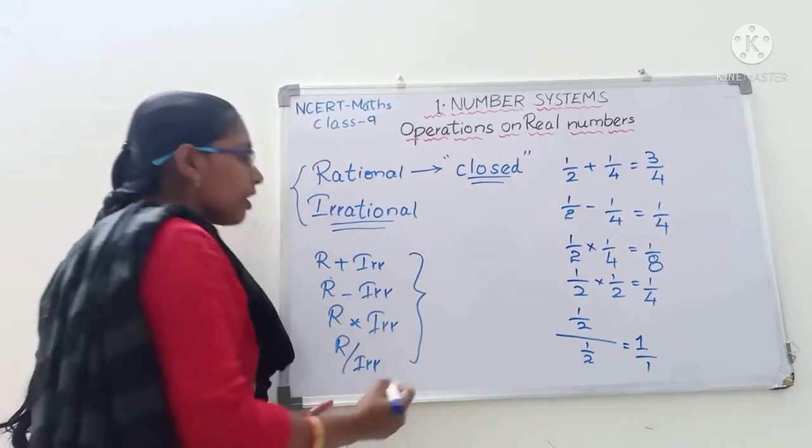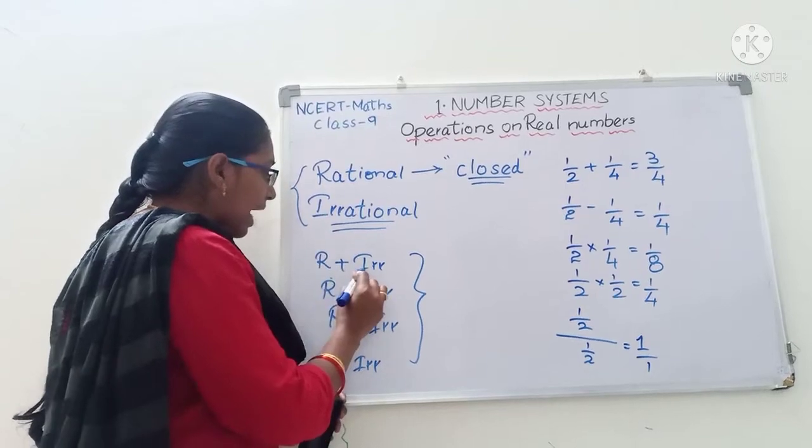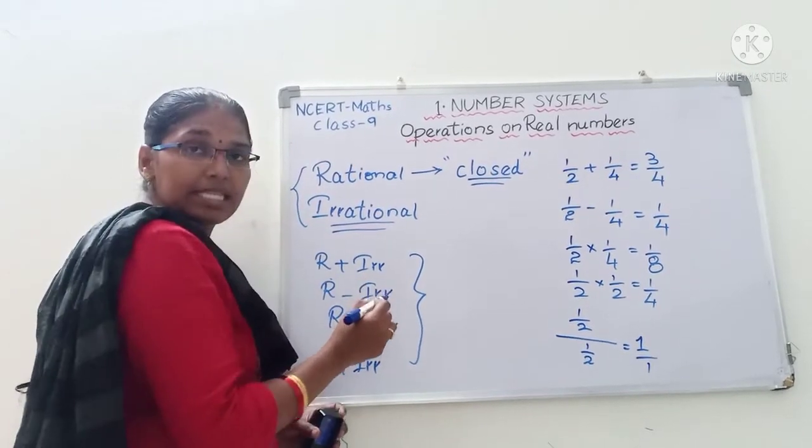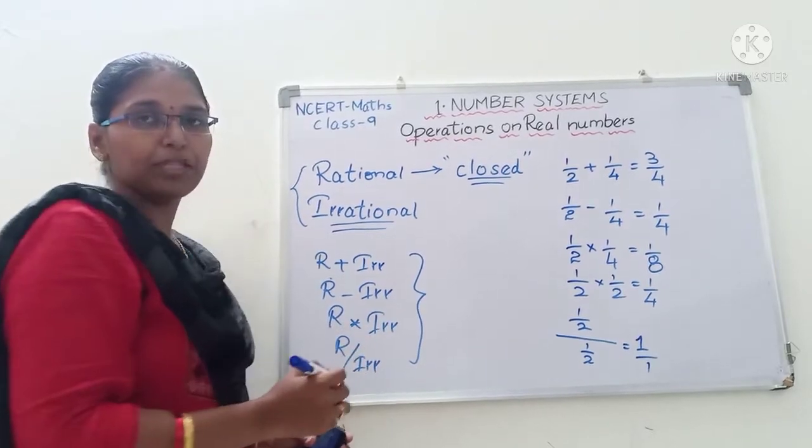Let's check if the closure property is satisfied or not. That is, if we add a rational and an irrational number, let's see whether we get an irrational or a rational number. Let's do this with some examples.